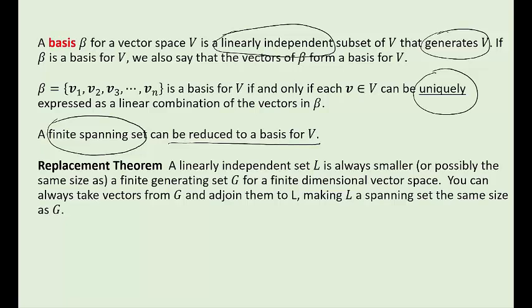And you can take vectors from G, the generating set, and throw them into the linearly independent set and create another spanning set the same size as G. We'll use the replacement theorem to prove some important corollaries in this video.